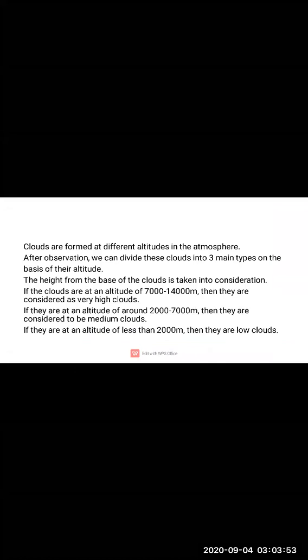These three main types are on the basis of their height above the sea level or the ground level. So the height of the cloud from the base, from the earth's surface, is taken into consideration.